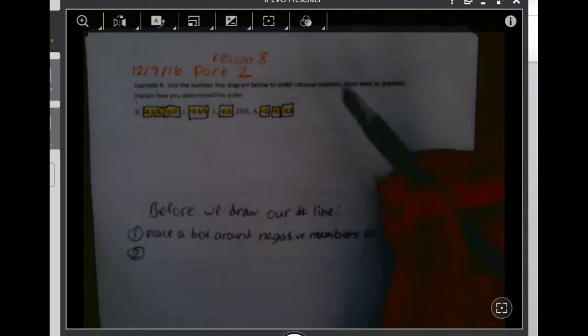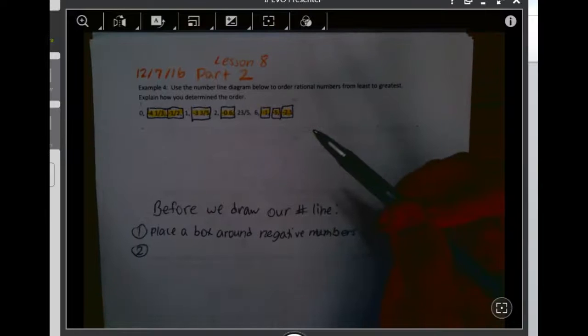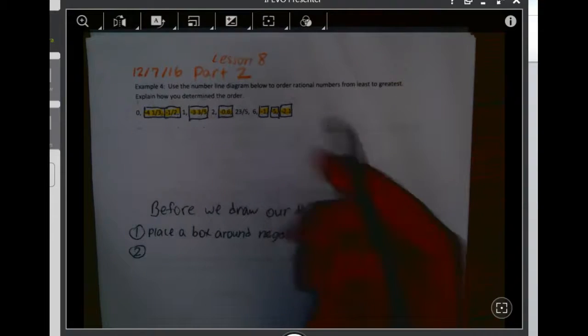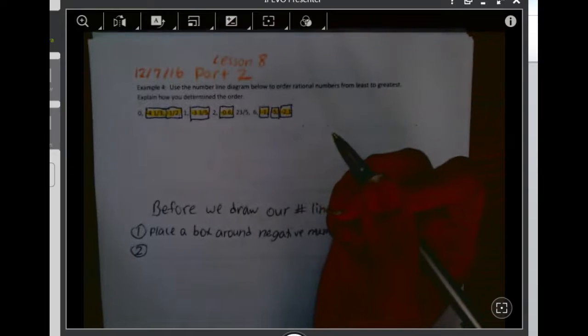So I want to make sure that all of these are in the same form to make it easier to compare. So since I noticed that most of these are in the form of a fraction, then I'm going to want to rewrite the numbers that are not in the form of a fraction.